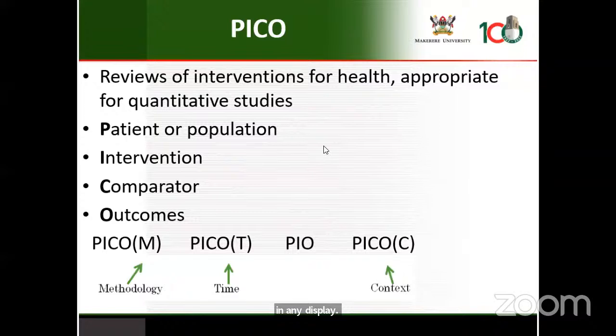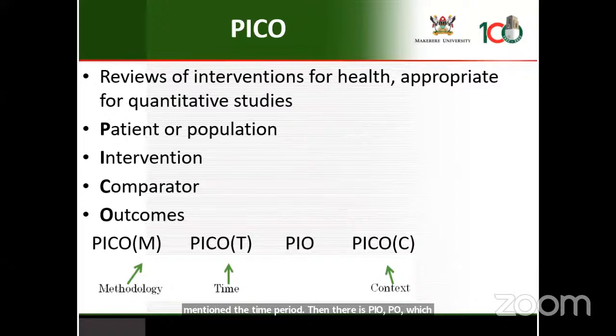Okay, sometimes the PICO can also be modified, as I already mentioned. There's PICO, there's PICOS, PICOST. There's PICO where we add methodology, that would become PICOP. There's PICO where we add time. I think I've already mentioned the time period. Then there is PIO, which has no comparator.